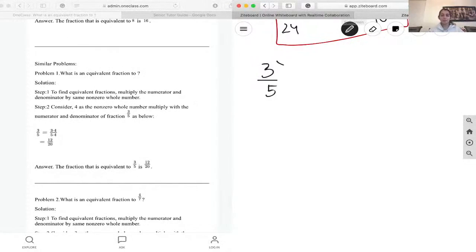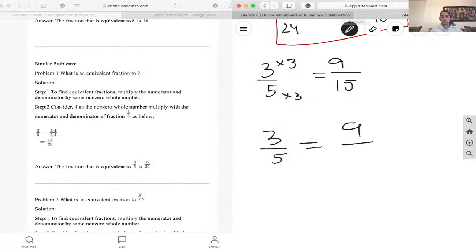So multiply the top by, let's say, 3 this time, and the bottom by 3. That will equal 3 times 3 is 9, and 5 times 3 is 15. So basically it's saying that 3 over 5 is the same as 9 over 15.